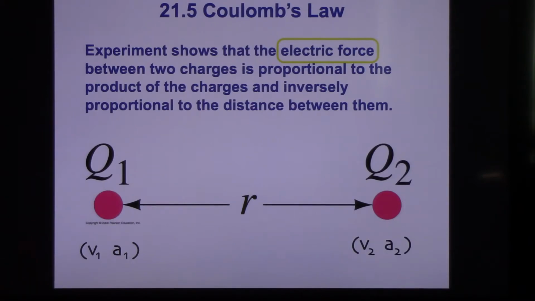If we want to know the full effect of the electric force and magnetic forces between two charged objects, we have to know their charges, we have to know their distance, and we have to know the direction and magnitude of their velocities and their accelerations. So it gets a little complicated, I have to admit.